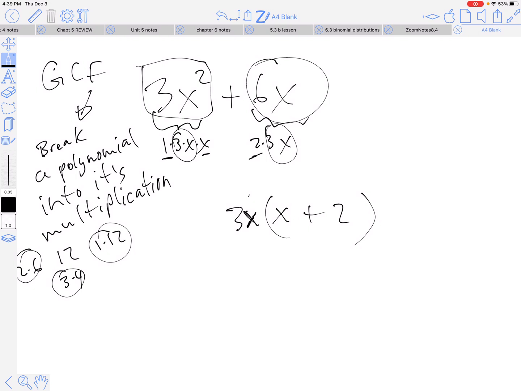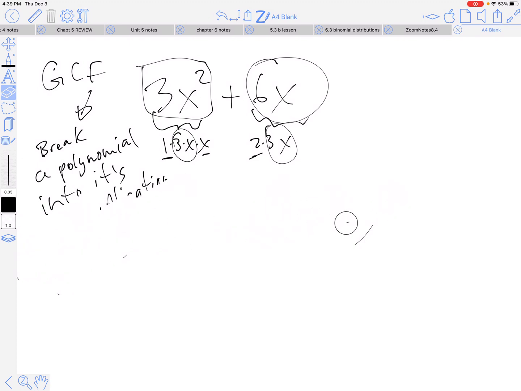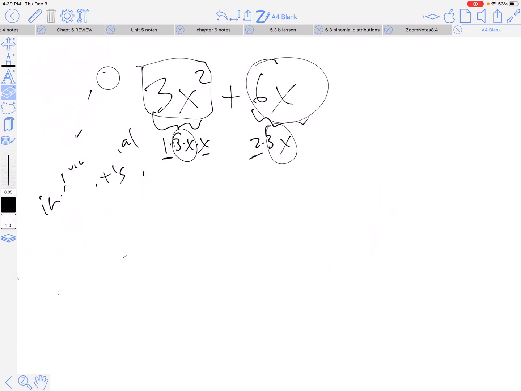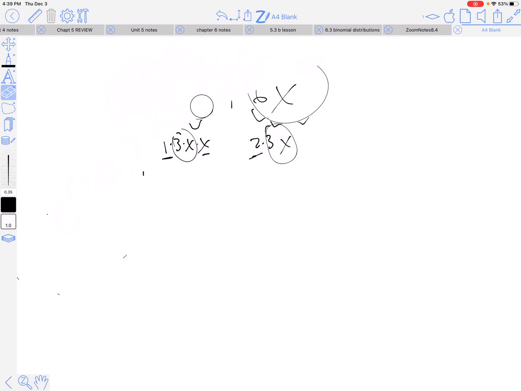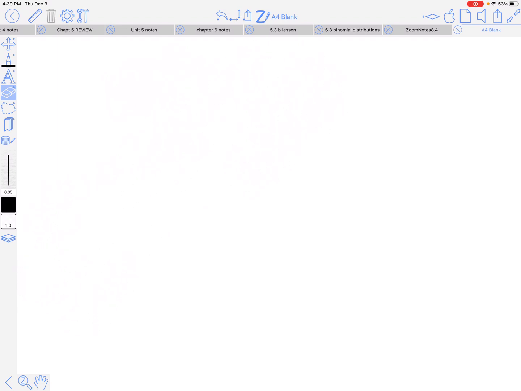All right, so let's do another GCF real quick. Let me erase that so that we have room to see it. So I'll give you one, you try it, see how you do. All right, so try this one. If we have 12x squared plus 8x, go ahead and try that one.